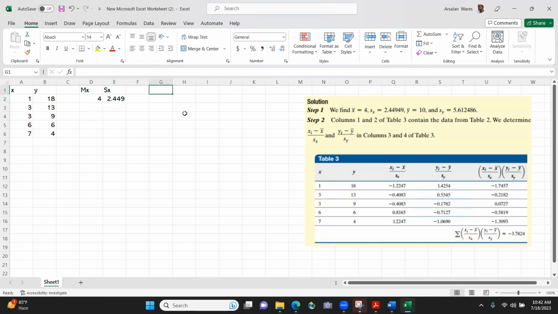And mean y is 10, and Sy is 5.6124872486. Sometimes you have to find it, and you know how to do it. So I'm going to do this.